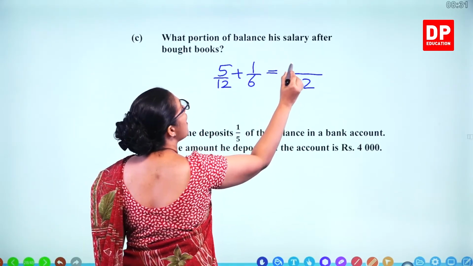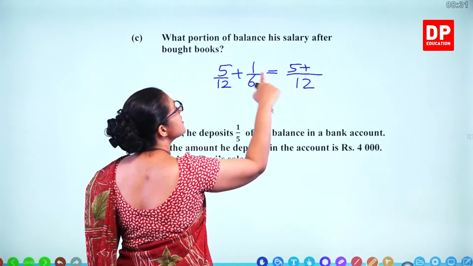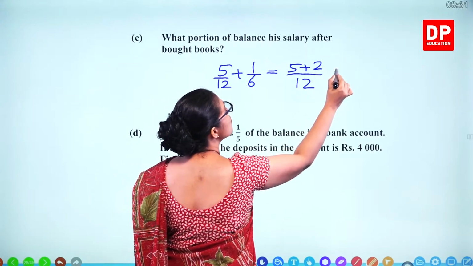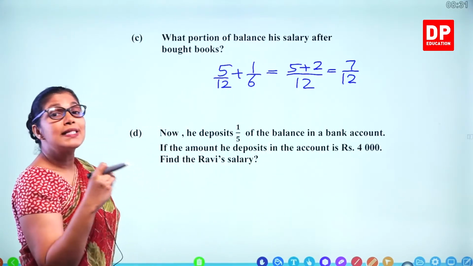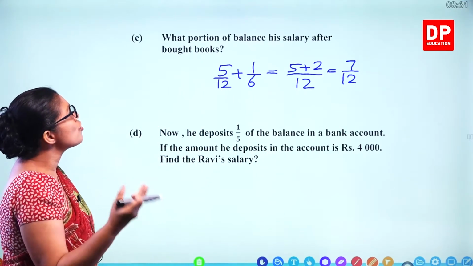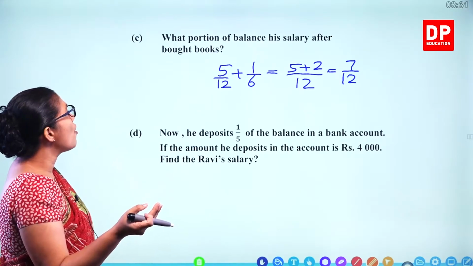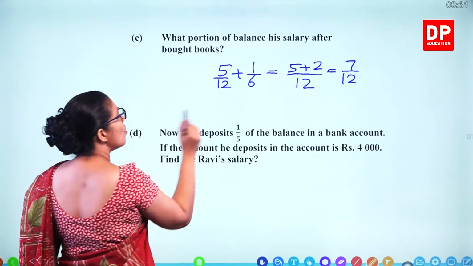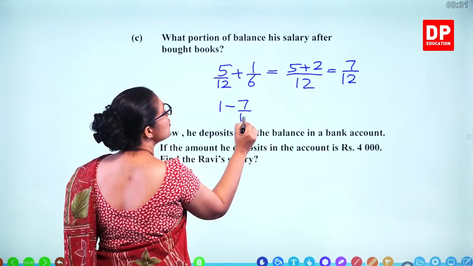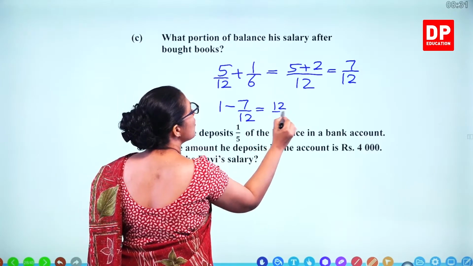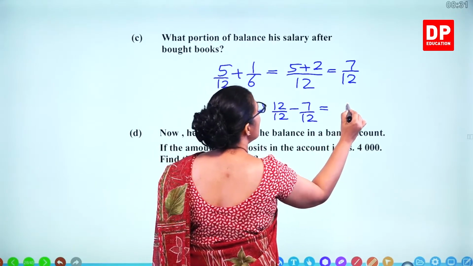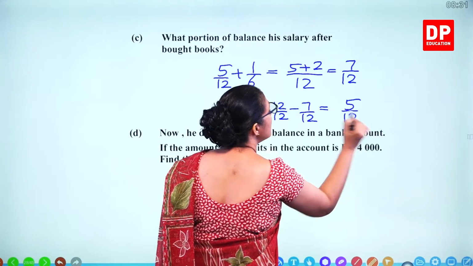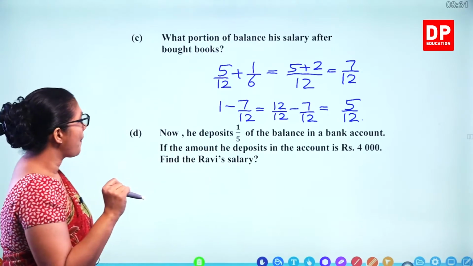You get 5 plus 2 times 6, 12, 2 times 1, 2, 7 over 12 now all together. So what's the remaining amount? 1 minus 7 over 12. 12 over 12 minus 7 over 12 becomes 5 over 12 is the balance.